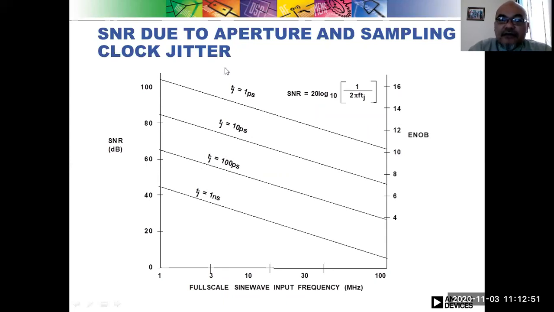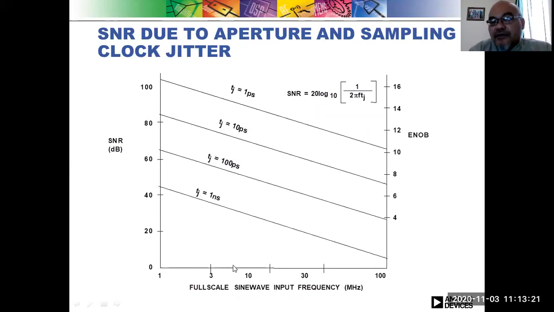When the clock jitter is 1 picosecond, you still have 100 decibel signal to noise ratio. But when the clock jitter becomes 1 nanosecond, the inaccuracy of the sampling makes your signal to noise ratio decrease to a little bit more than 40 decibel, depending also on your input frequency.